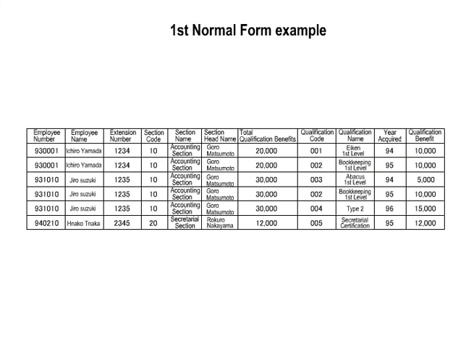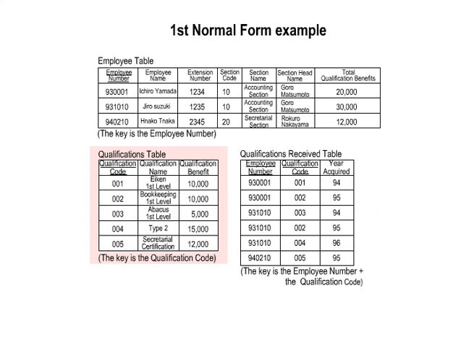As for the remaining item, year acquired, it implies the information about when, year acquired, and which employee number acquired which qualification code, so it can be determined by using employee number plus qualification code. In other words, it is determined by an entire set of primary keys.